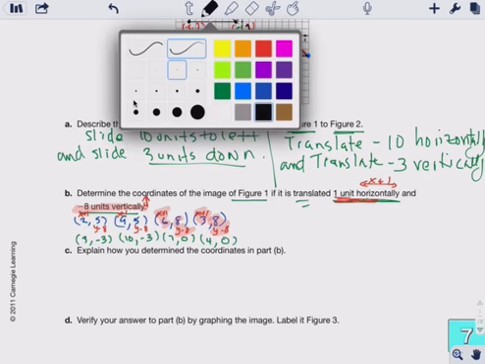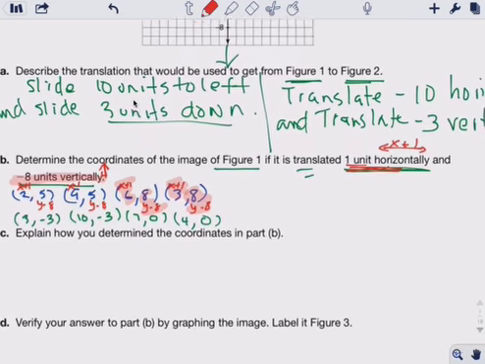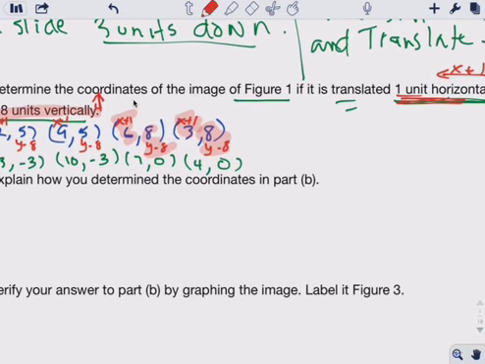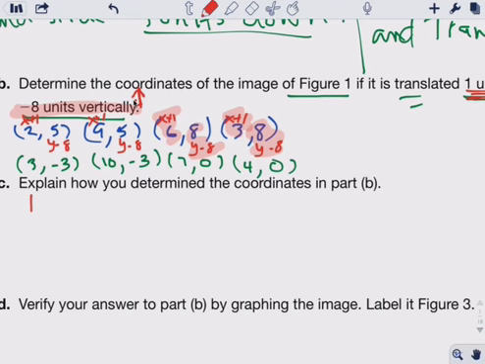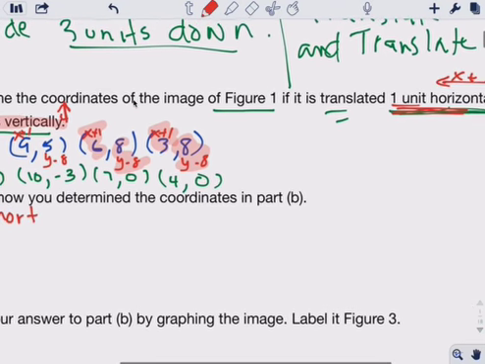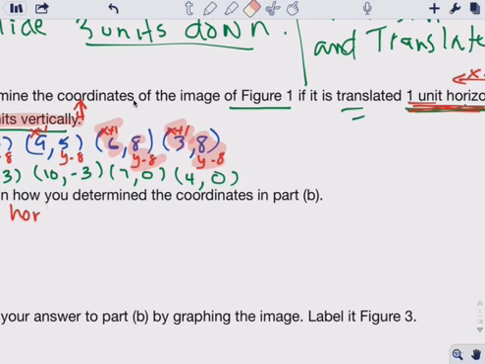Explain. Okay, the horizontal line is the x-axis. I am so bad at spelling.